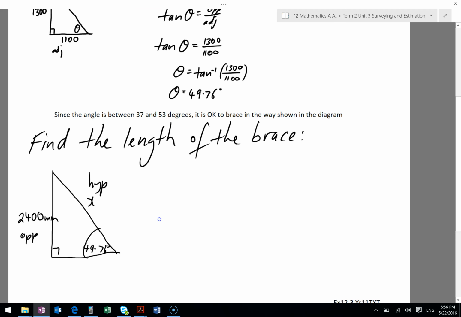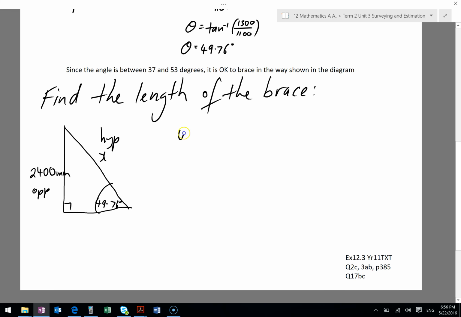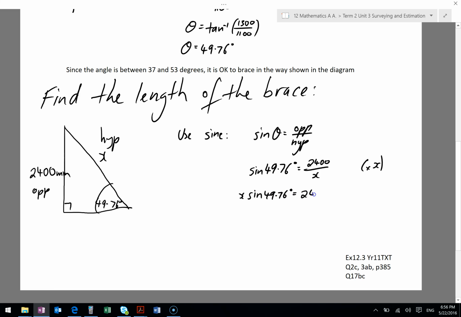I'll zoom in a bit so I can actually write it in any detail. And I'm going to be using sine. I'll write the rule. Sine of 49.76 degrees is 2400 over x. Multiply both sides by x, and then divide both sides by sine 49.76.